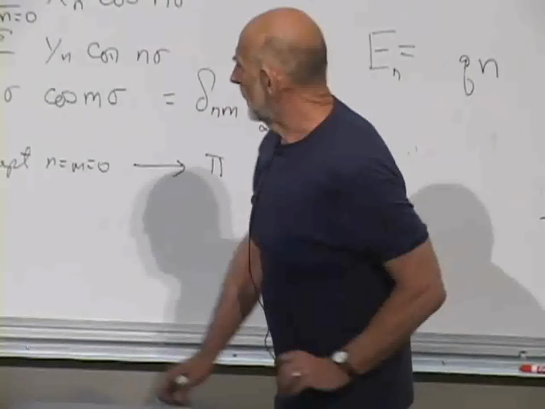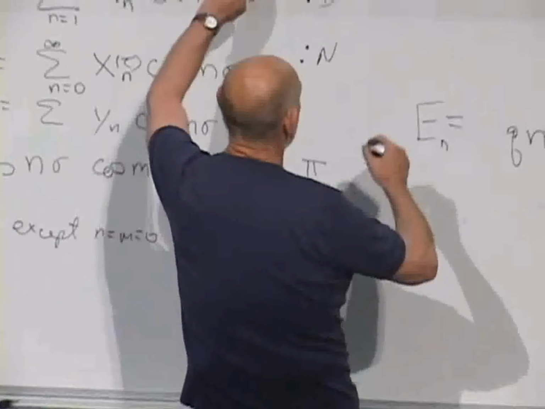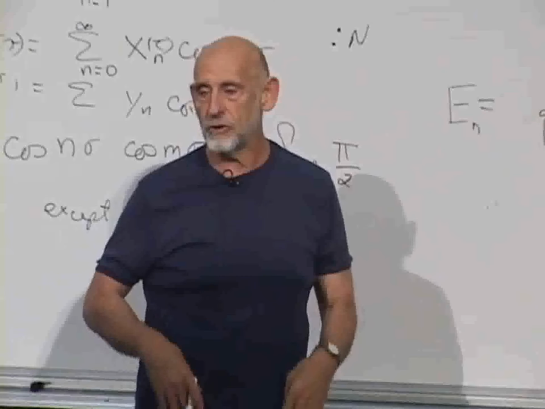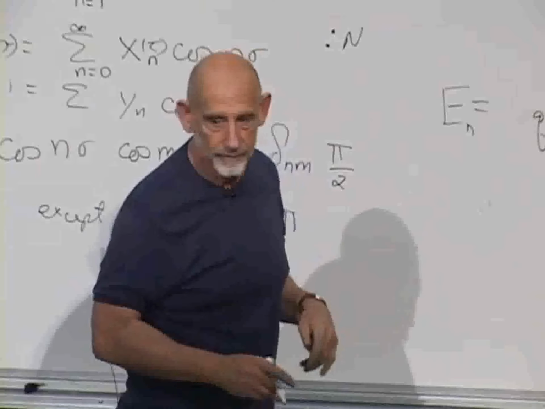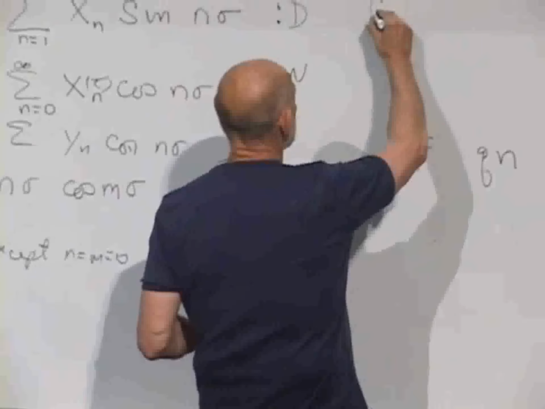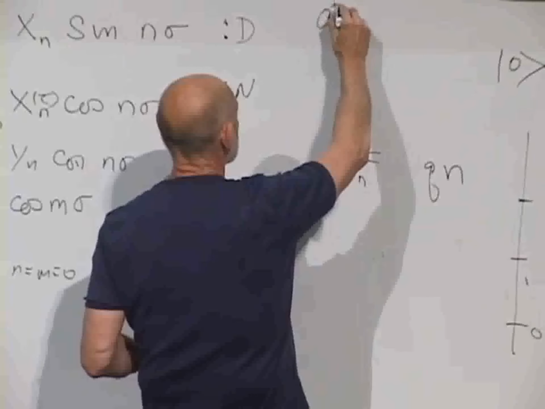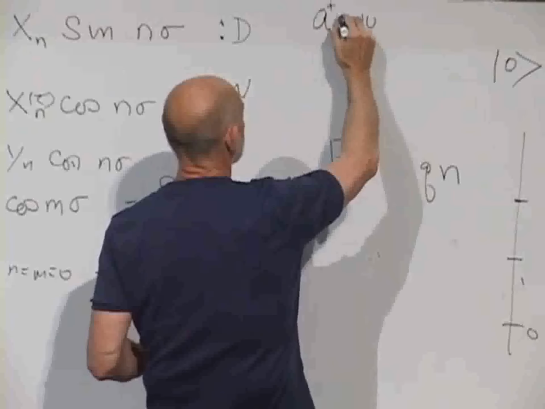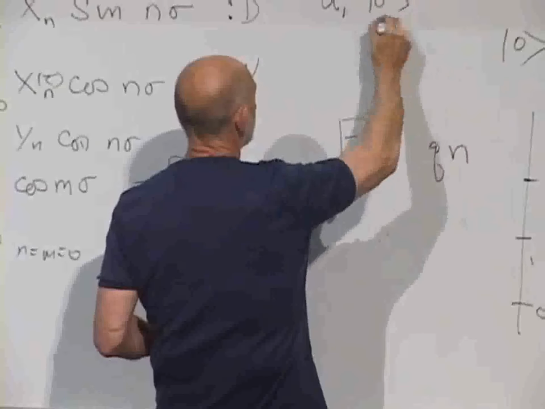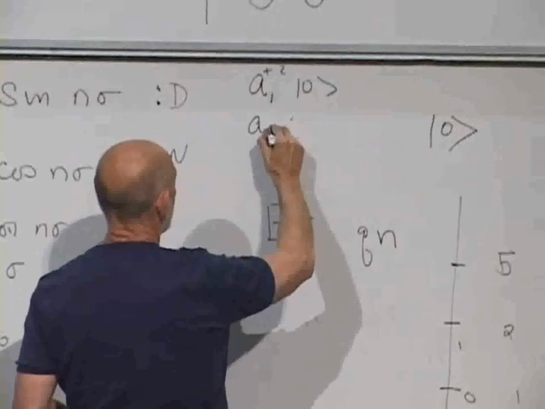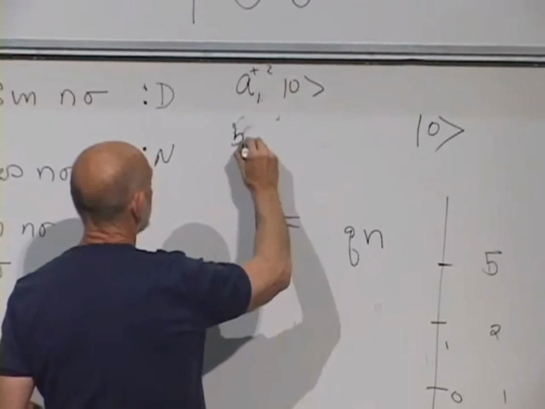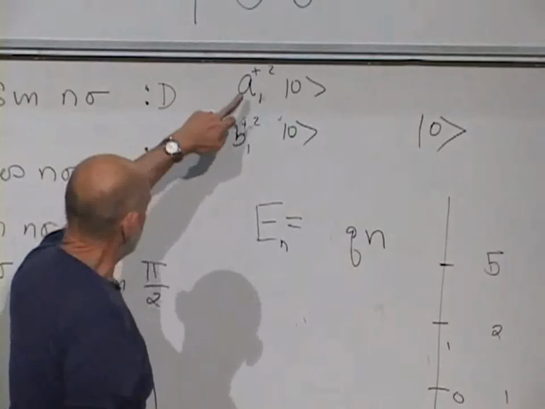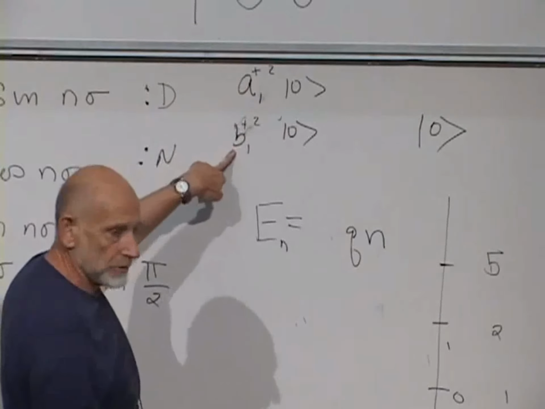Okay, so let's count. We can take, in terms of creation and annihilation operators, A for x, B for y. Now we can take the lowest oscillator, A1 plus squared, B1 plus squared on O. This is exciting the x oscillator twice, the y oscillator twice.